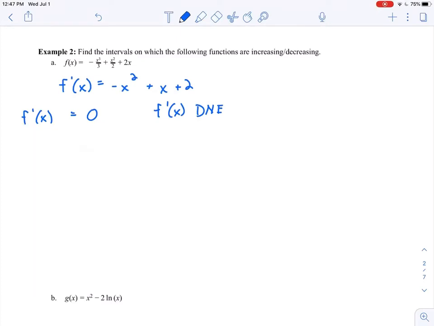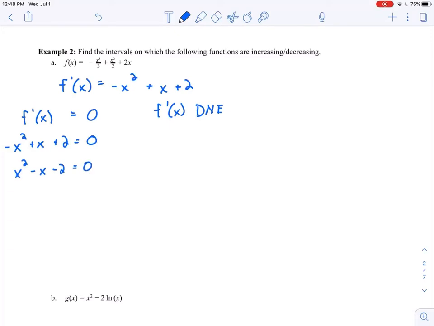I'll take my derivative, which is negative x squared plus x plus 2, set it equal to 0, and I'm trying to solve this equation for x. Personally, I never like solving a quadratic equation with a negative leading coefficient, so I'm just going to multiply both sides by negative 1. That will give me x squared minus x minus 2 is equal to 0.